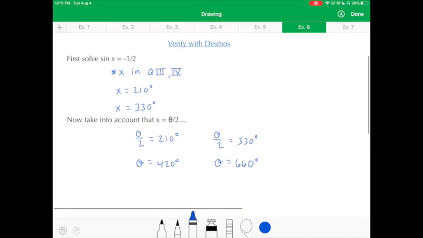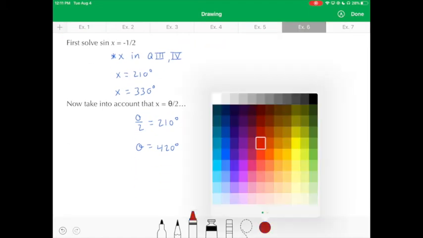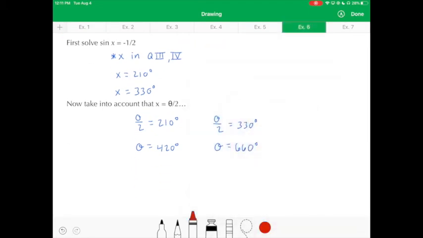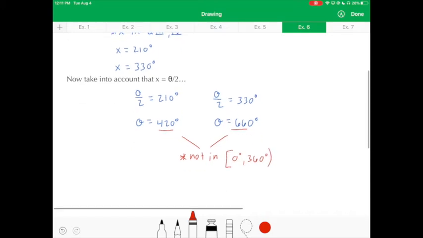Okay. Notice that neither of those solutions are in the interval we're trying to solve over. They're not in the interval from 0 to 360. So that means there is no solution over this interval.